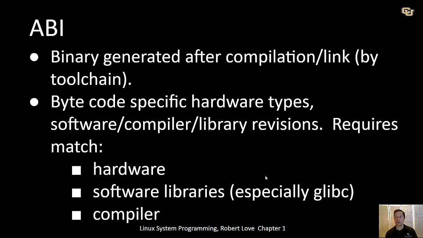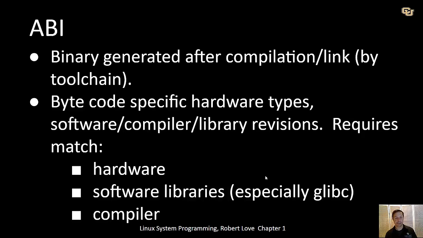And in order to know if your binary is going to run on a different platform, what you have to know is how close of a match you have between the target that you originally compiled for and the target that you're trying to run on. Some of the things that are going to impact whether an ABI is portable to a different platform would be obviously the hardware architecture, like I just mentioned, between ARM and x86.